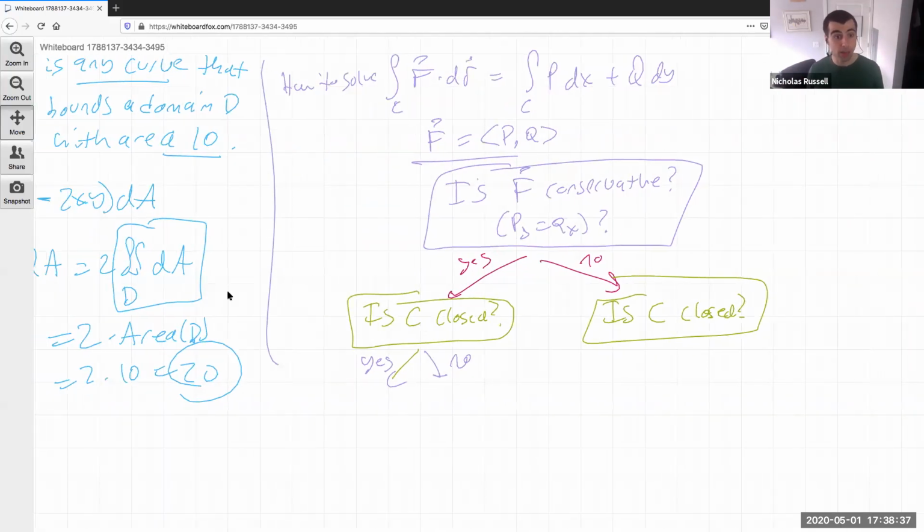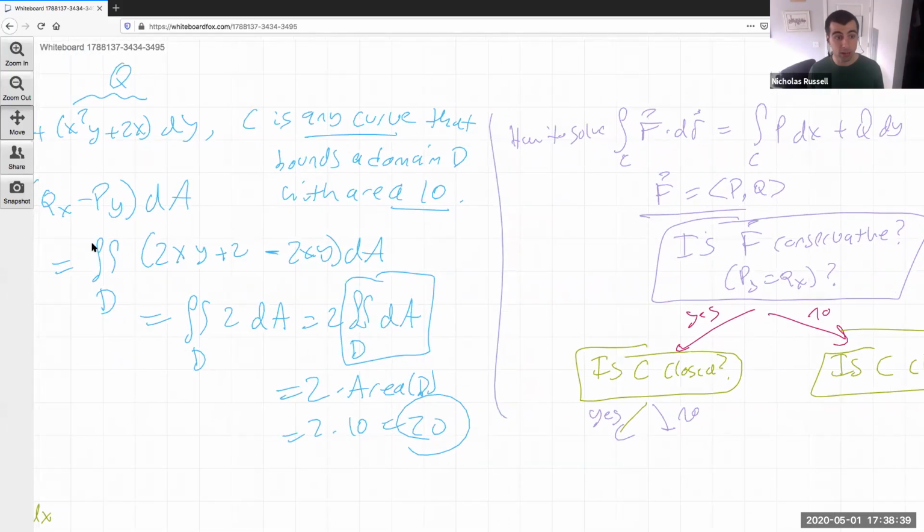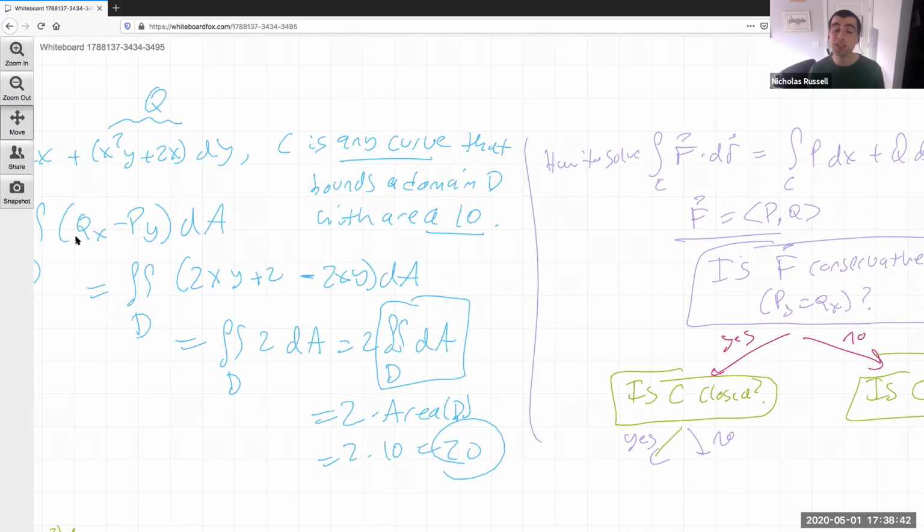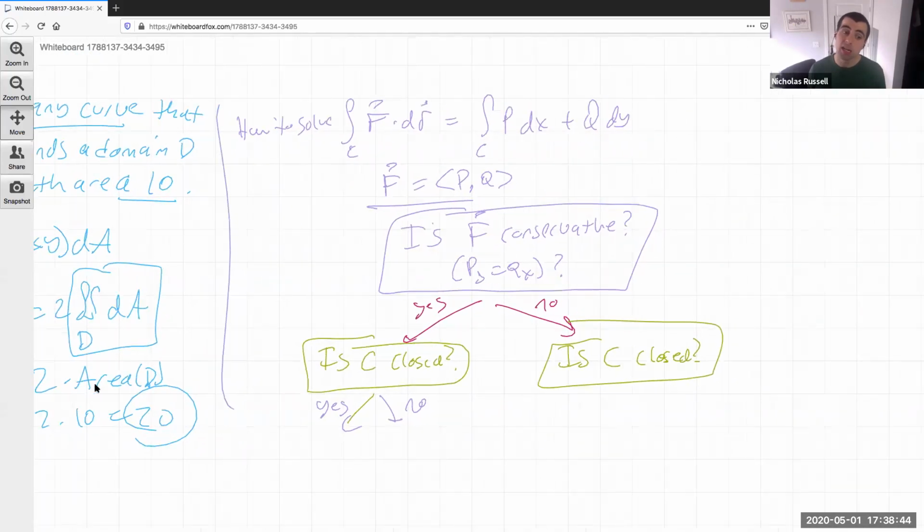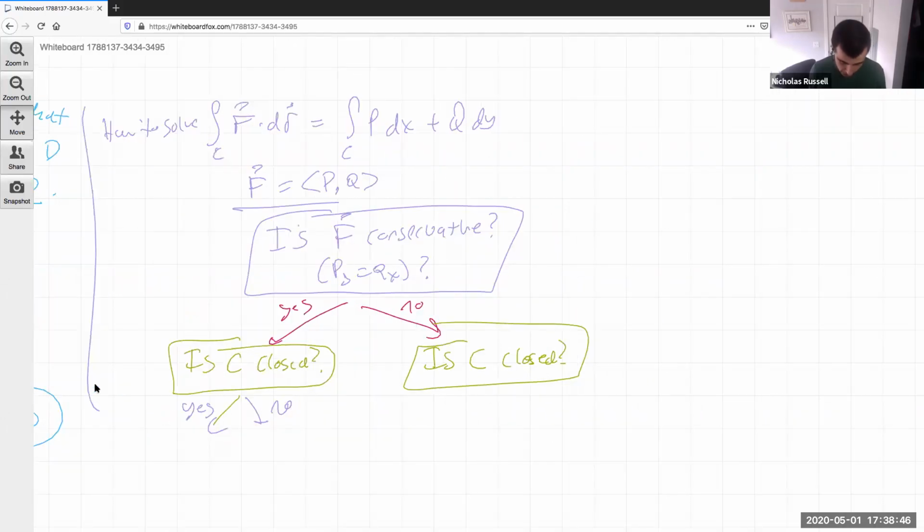You can see from Green's theorem that Qx would be equal to Py for a closed curve, and therefore this entire thing will be 0. So the answer is always 0. If you answer those two questions, F being conservative and C being closed, the answer is always 0, period. End of story. Do something else fun.